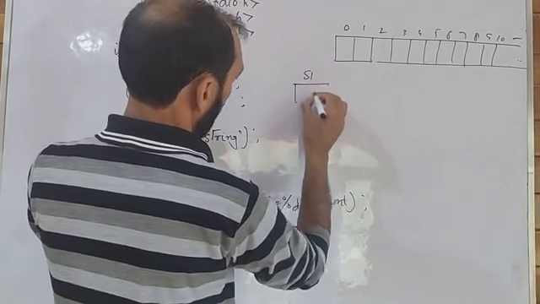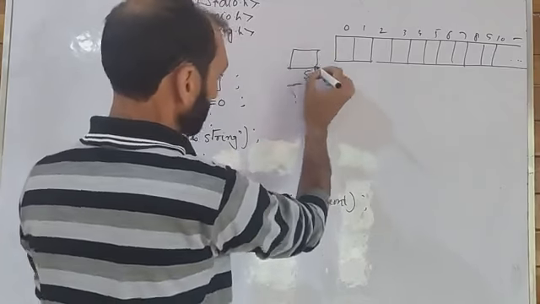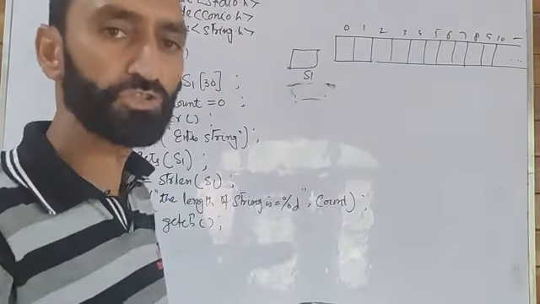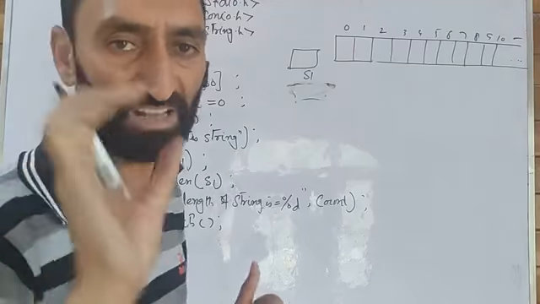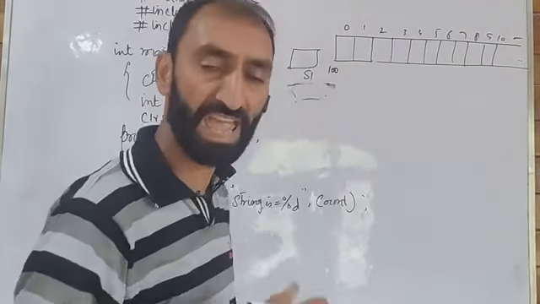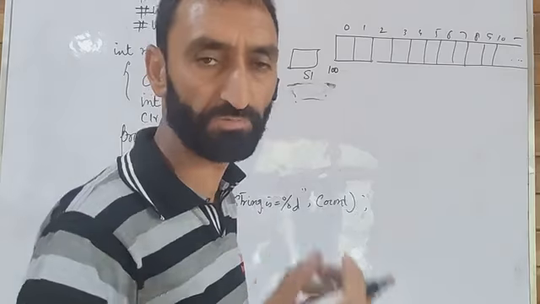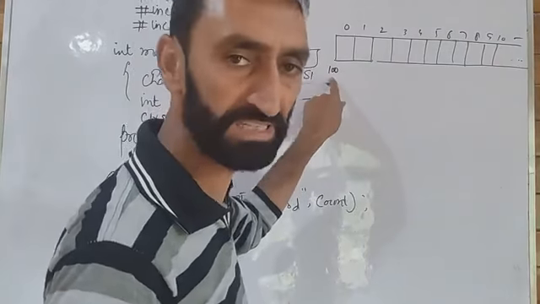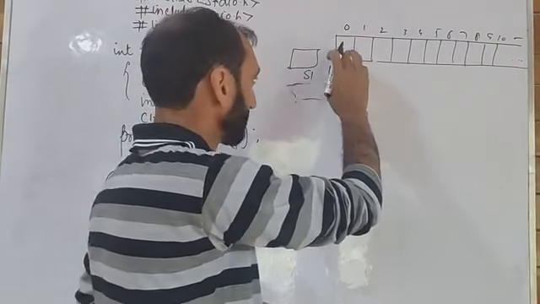S1 means the name of the character array, and it has an address. For example, the address of this is 100. Actually, this address is in hexadecimal format, but for simplicity I am supposing the address is 100.